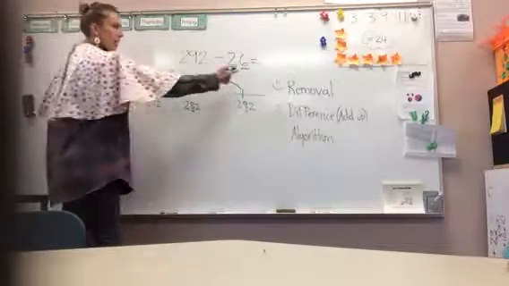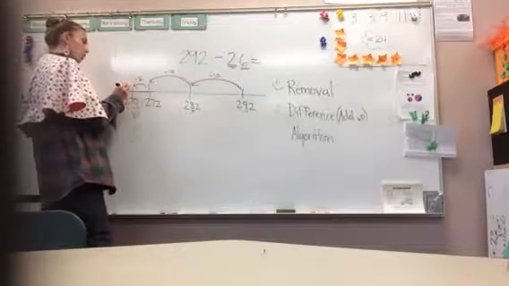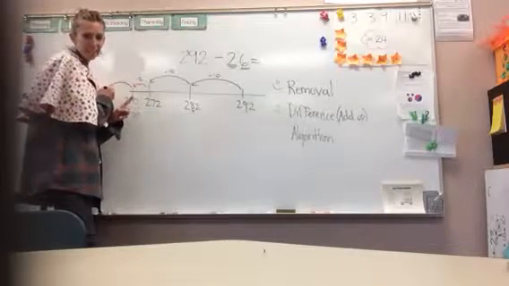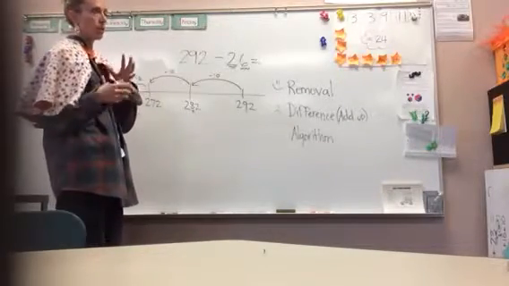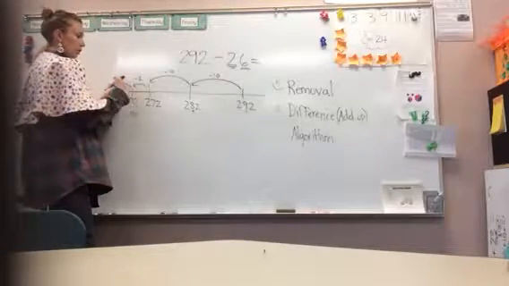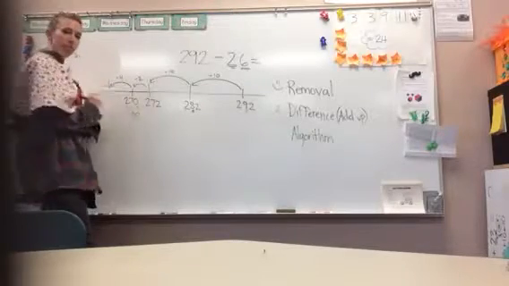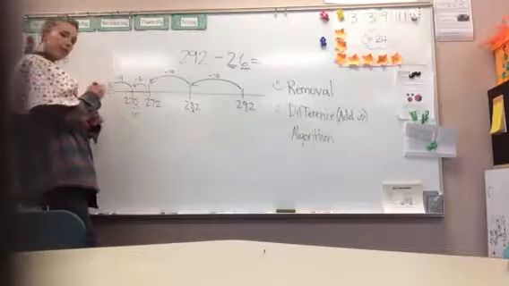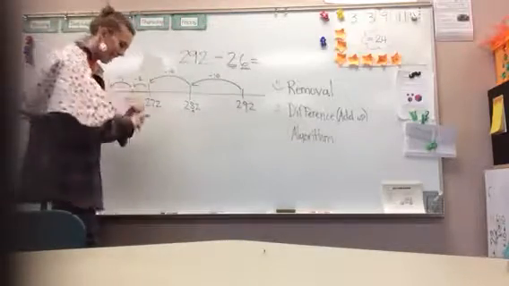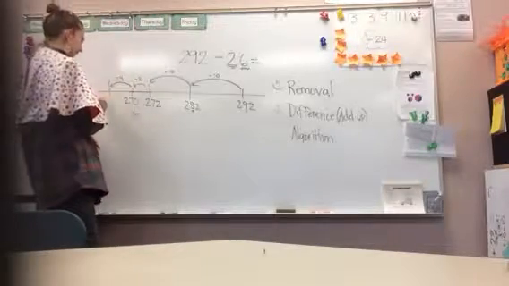But the thing is, I wanted to go back 6. So if I went 2, how many more do I need to go so that I've gone 6? So 2 plus how many more gives you 6? I need to go 4 more. So I have a total of 6 that I went back. So now from 270, I go back 4: 269, 268, 267, 266.